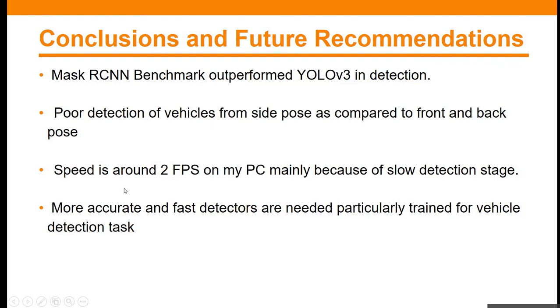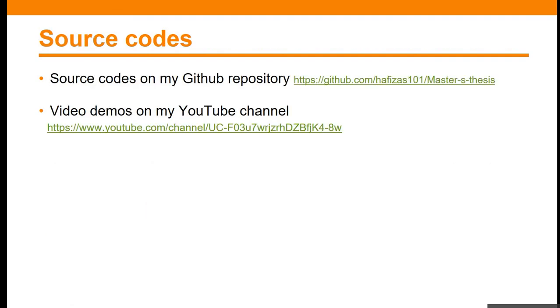Also, we performed experiments on our low-end machine, basically my laptop. The speed is around 2 frames per second, mainly because of the slow detection stage. So we need more accurate and fast detectors, particularly trained for vehicle detection tasks, and we need an accurate detector mainly for side poses. The front and back are considerably accurate and fine.